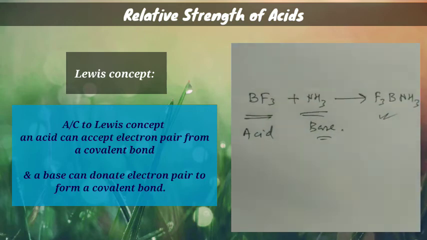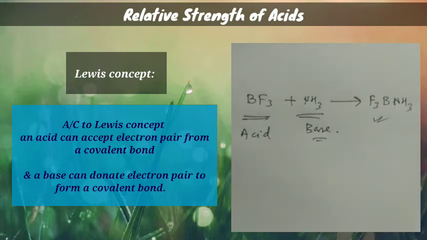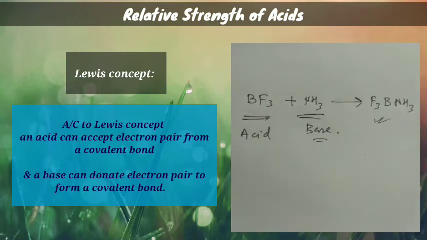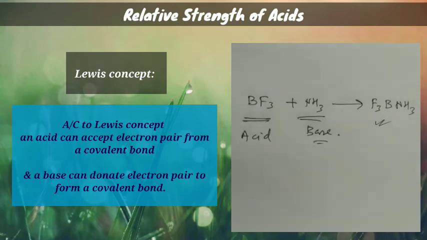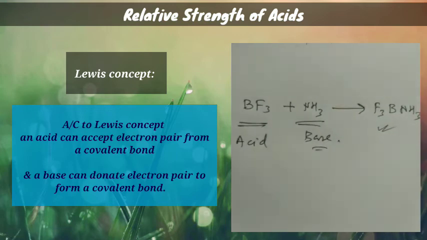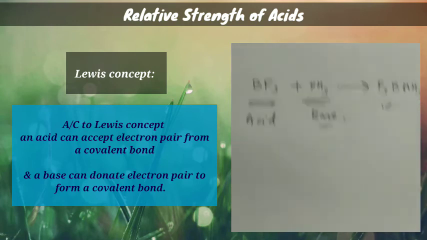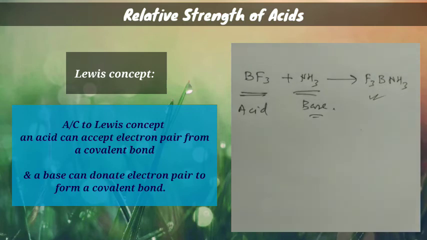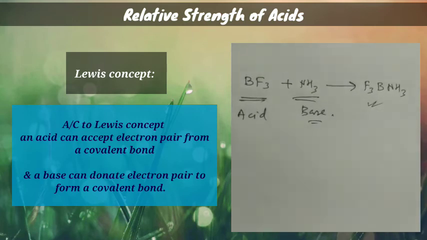Understand? Hope you understand this concept of the new definition of acid and base, on the basis of accepting an electron pair or donation of an electron pair by the molecule, okay. So if a molecule can donate an electron pair and form a new covalent bond, then that molecule will be what?